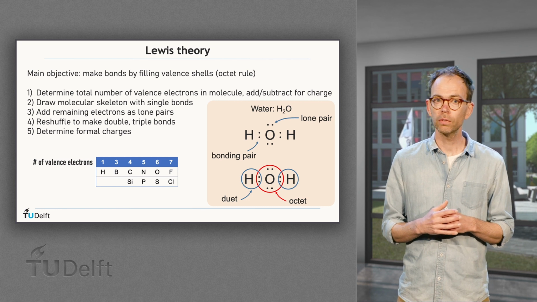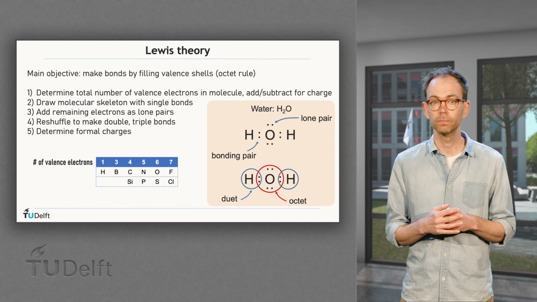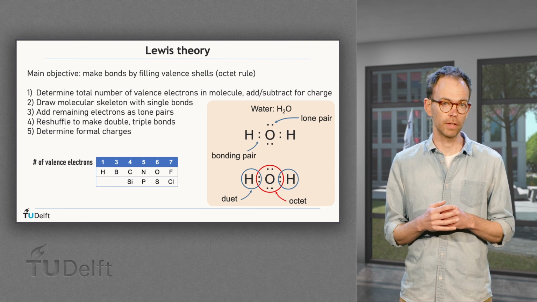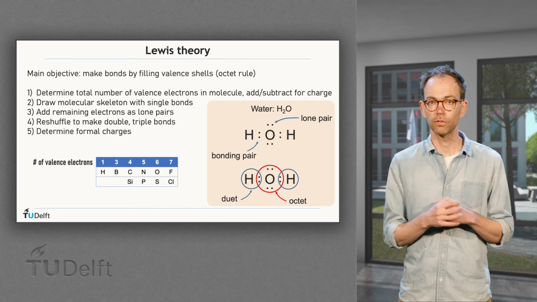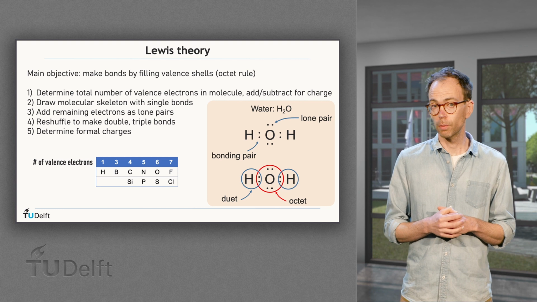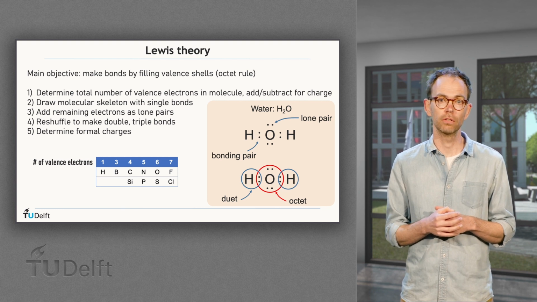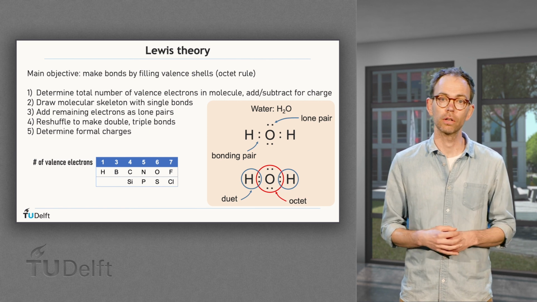As a starting point, we need to know how many valence electrons there are per atom. What you can see here in this table is that, for instance, carbon has 4, nitrogen has 5, oxygen has 6. We then determine the total number of valence electrons in a molecule and add and subtract electrons for charge.